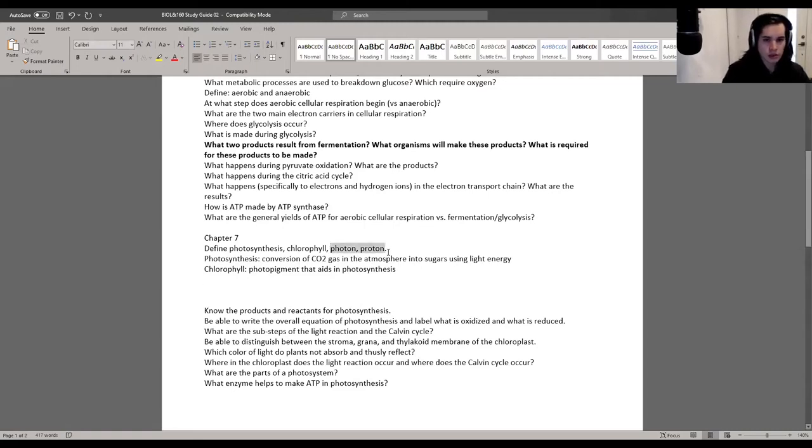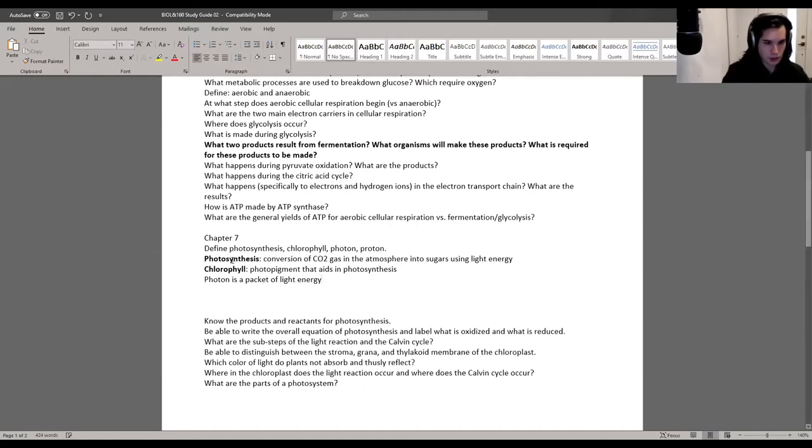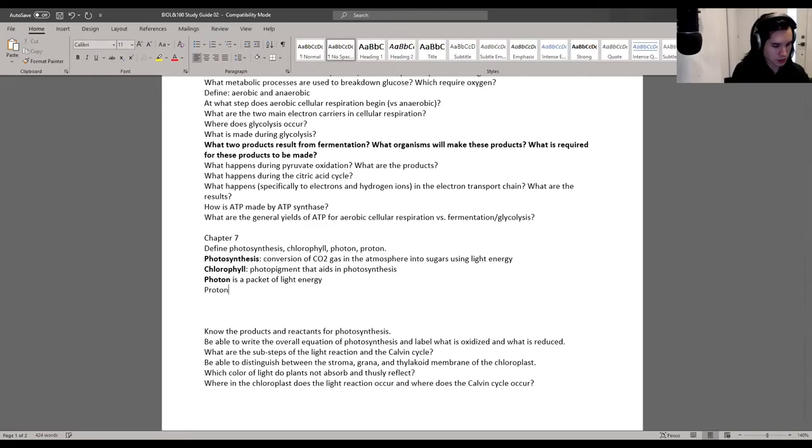Photon and proton. These are two words that sound similar. A photon is a packet of light energy, and a proton is an H+ ion.